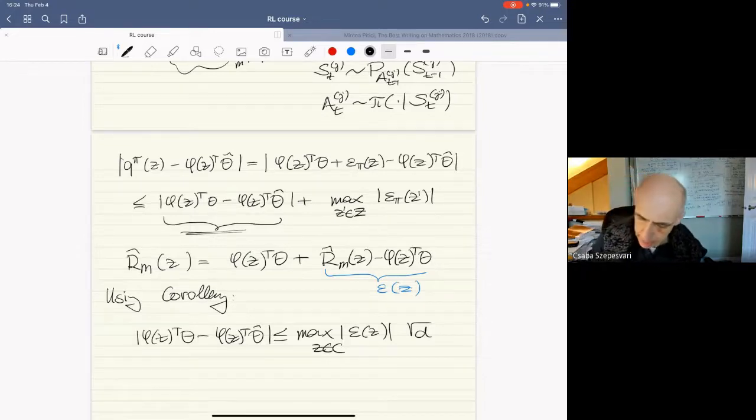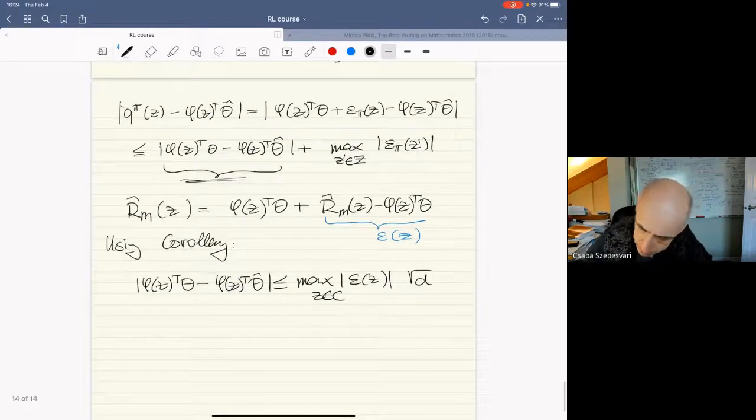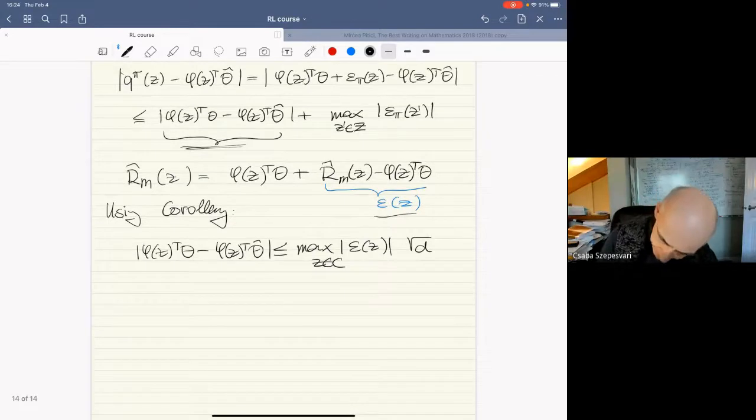So clearly it is satisfied if we control this epsilon z. And lo and behold, this can be controlled because this epsilon z is r hat of m z.